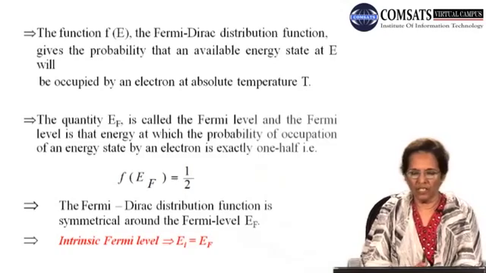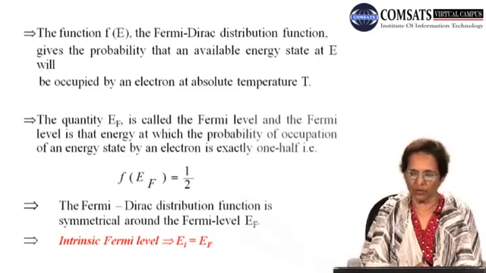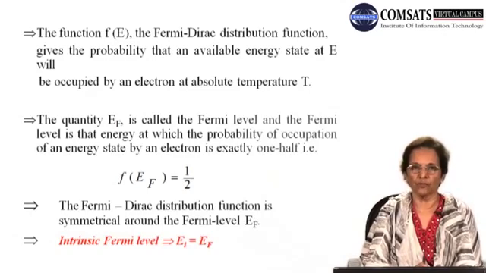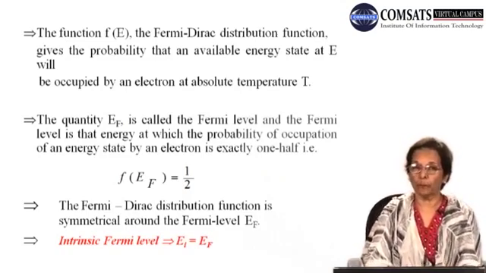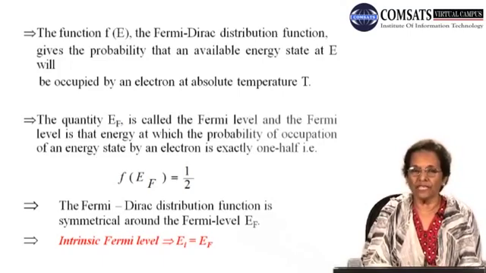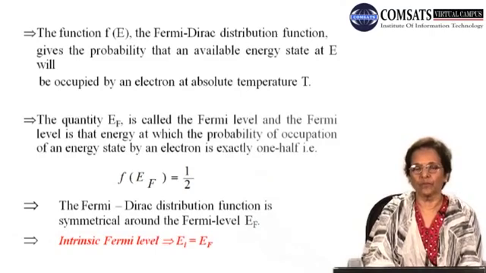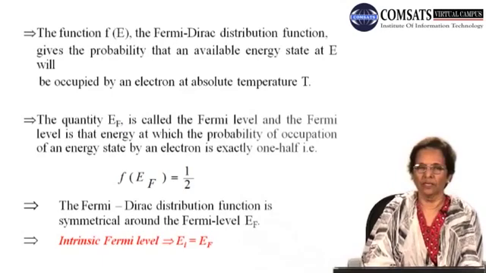The quantity EF is called the Fermi level, and the Fermi level is that energy at which the probability of occupation of an energy state by an electron is exactly half. That is, F(EF) is equal to half. Now let's combine the top two statements again. F(EF) is a function of some energy EF, the Fermi energy, and small f the function.